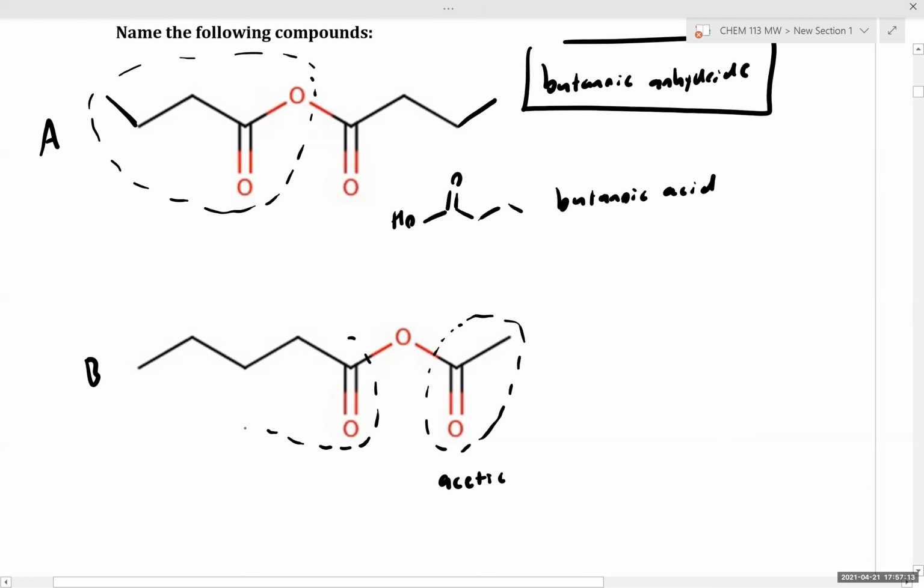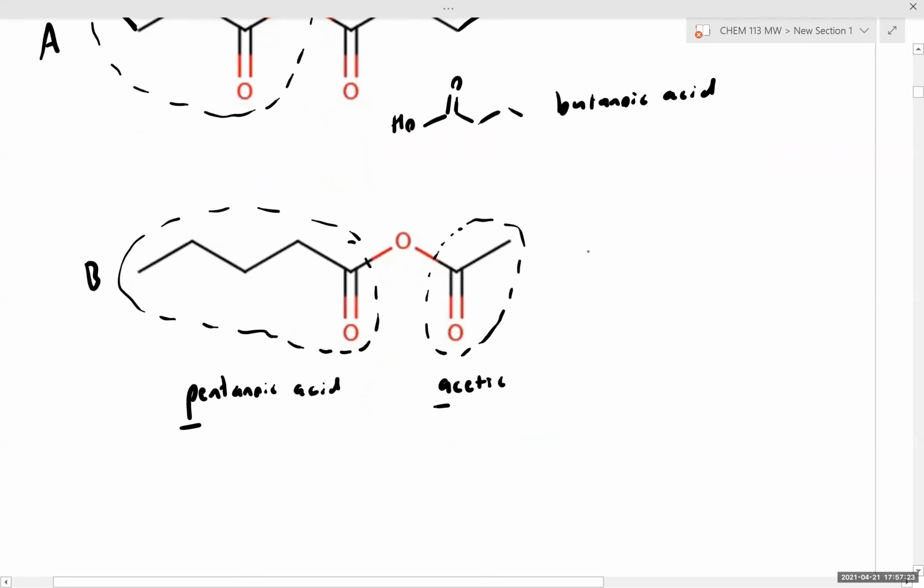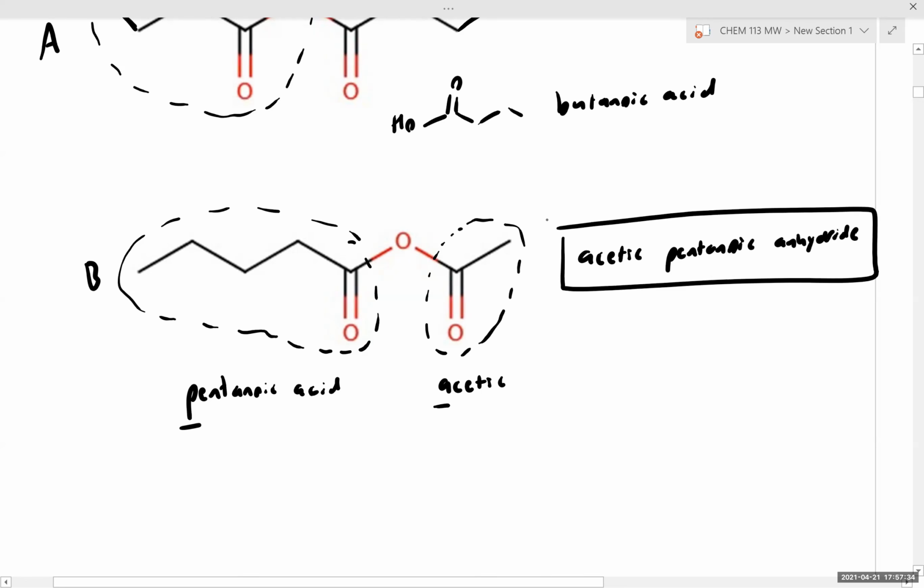We have a pentanoic acid derived chain. So then alphabetically acetic is before pentanoic. So we'd name this as acetic pentanoic anhydride. Does this make sense? Any questions on naming anhydrides?